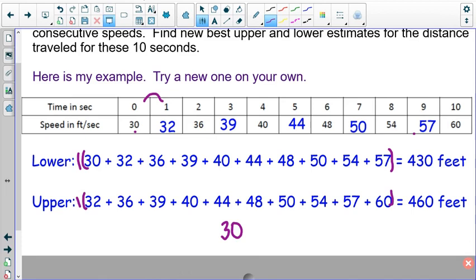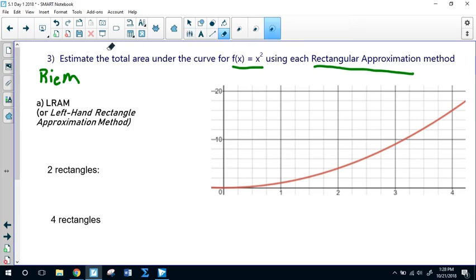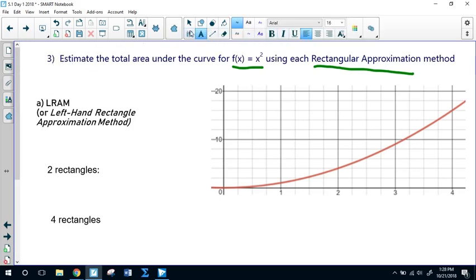All right, moving on. Okay, so we're going to use this idea with a graph. So I'm starting off with a basic function so that you can start to understand it. We're going to start off with x squared, and we're going to do what's called the rectangular approximation method. And again, these are sometimes called, I think I spelled that wrong, these are called Riemann sums.